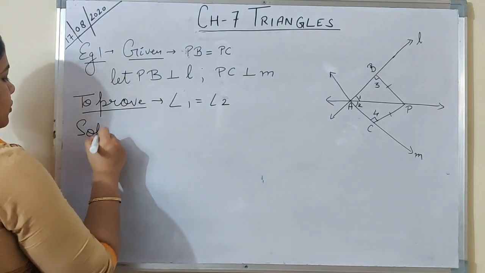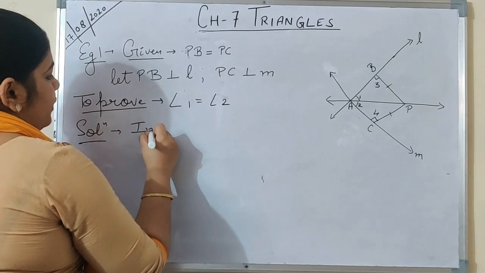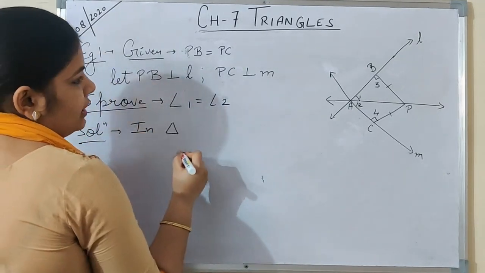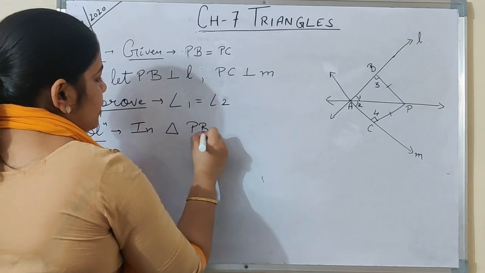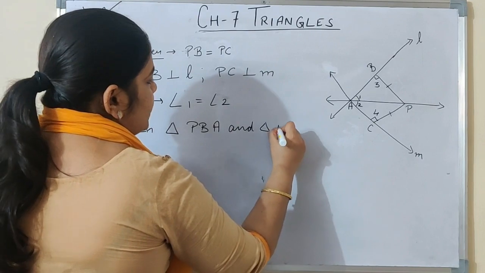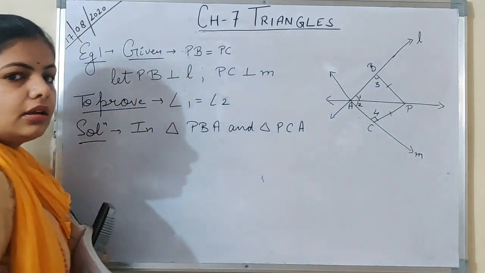Now, for proving that angle 1 is equal to angle 2, we have to go to triangle PBA and triangle PCA. Okay, PBA and PCA.